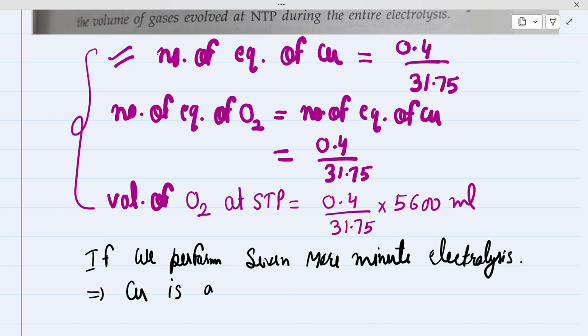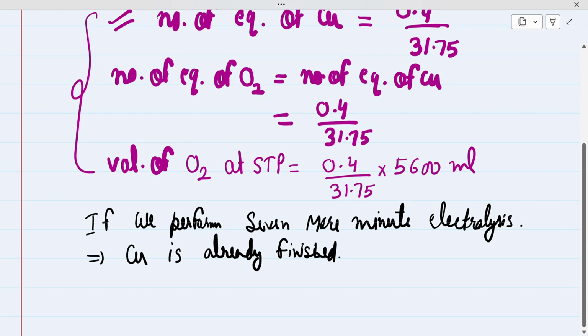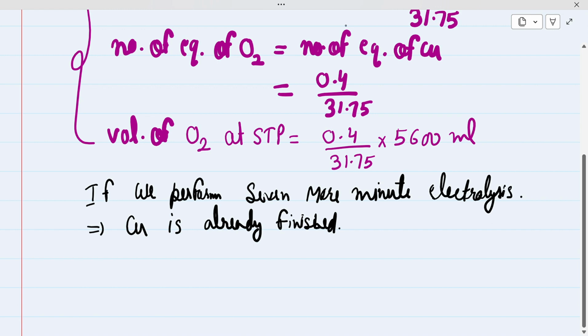Copper is already finished. So we can say only water is present in the solution.